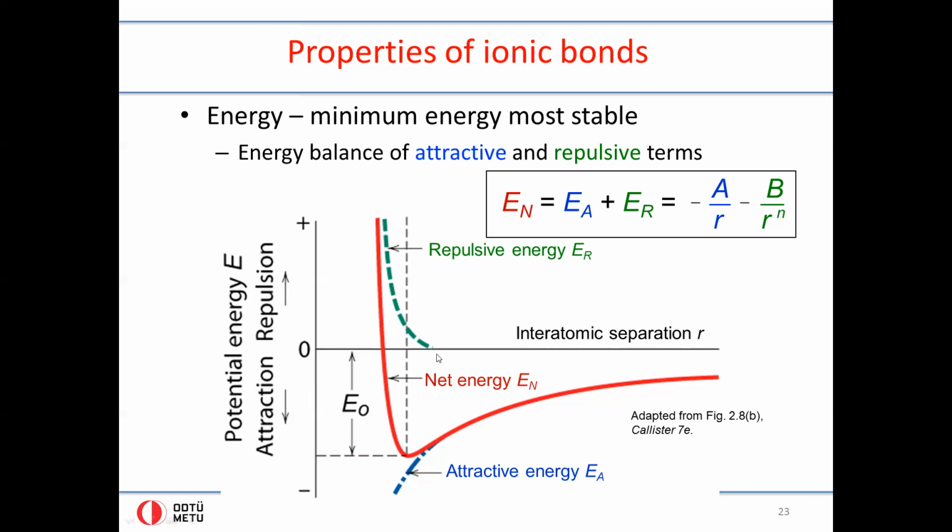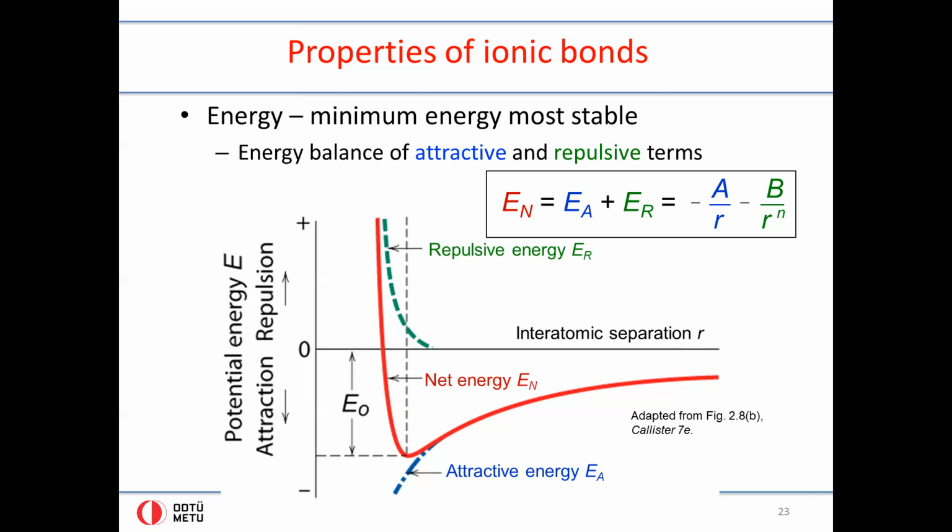And if you look at a greater separation, some position here, indicating some physical distance between the nuclei, or between the centers of the two ions. So the greater the value of R is, the farther apart the two ions are.